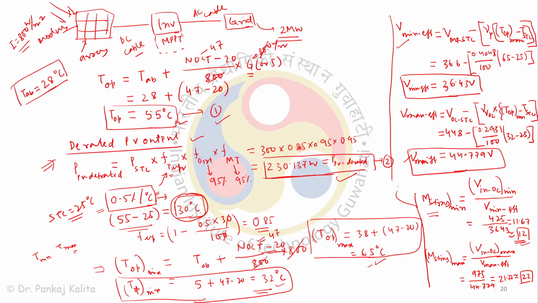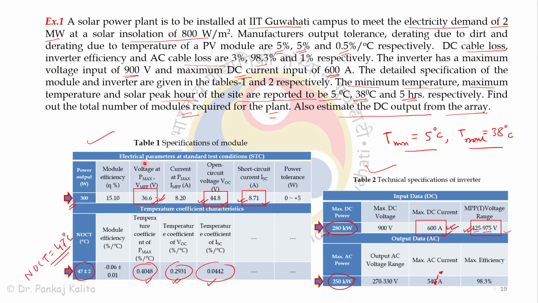NOCT is given, so the operating temperature is calculated. The rated PV power output is P_STC times F_temperature times F_dirt times F_tolerance. Putting in the values, P_STC is 300 watt power output.